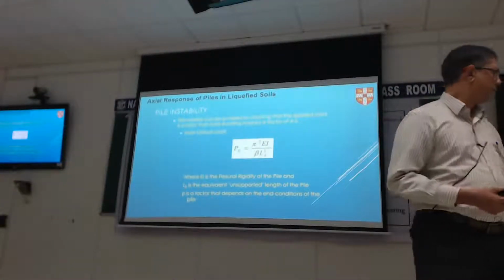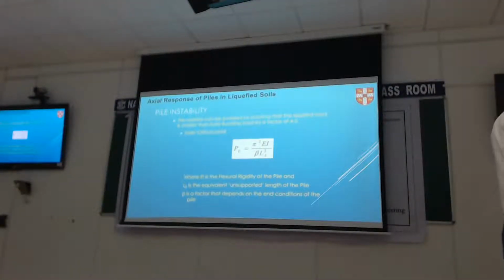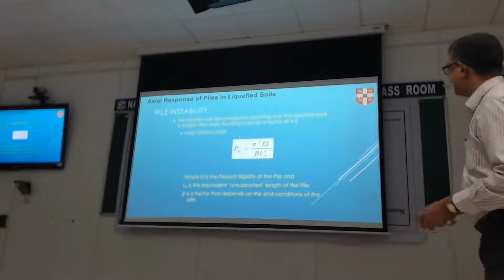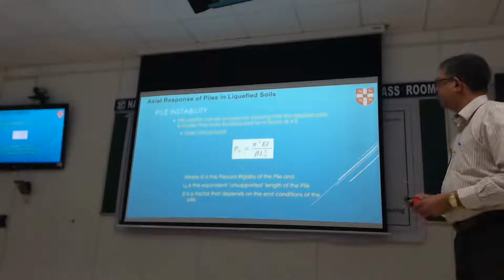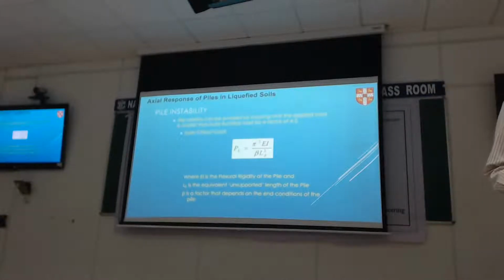Typically you'll apply a factor of 4 or 5 on Euler's critical load. So your applied load must be at least a factor of 5 away from the buckling load for the column, approximately.